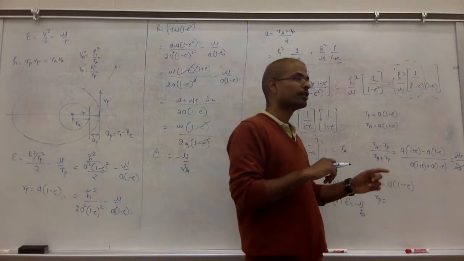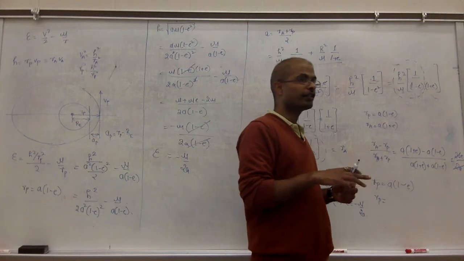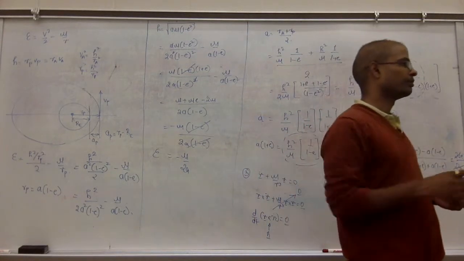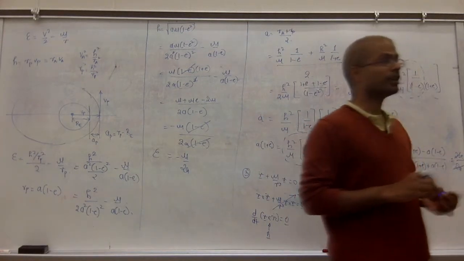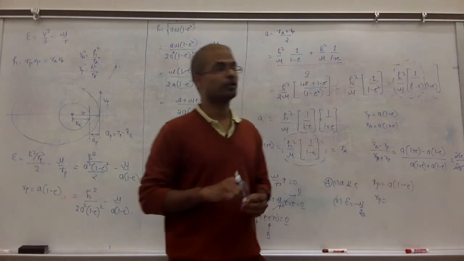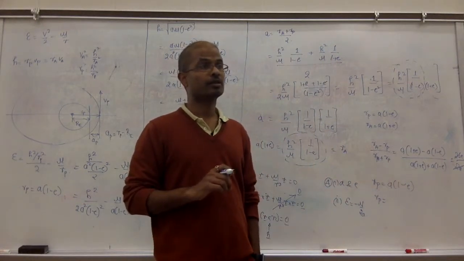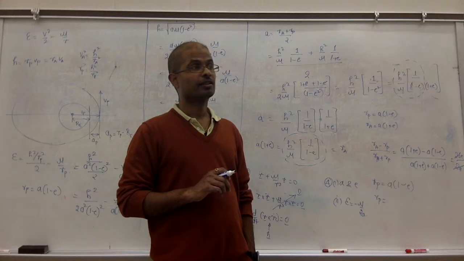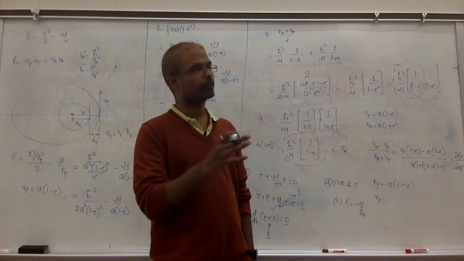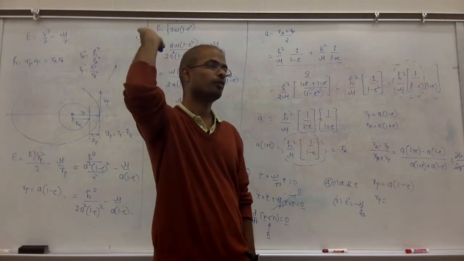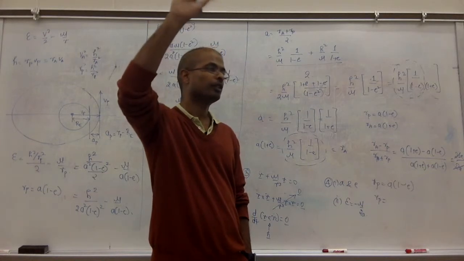What does negative energy mean? It cannot escape. As long as the energy is negative, it will not escape. If the energy is 0, what happens? It's just enough to escape, but it will not go anything beyond escape.